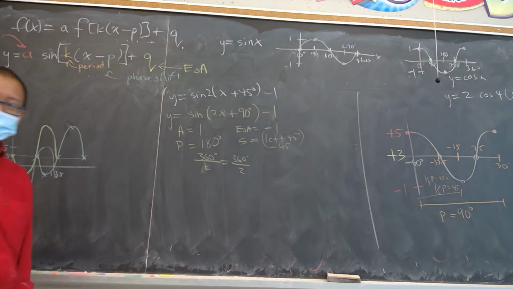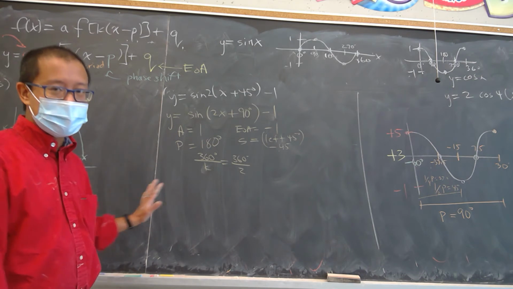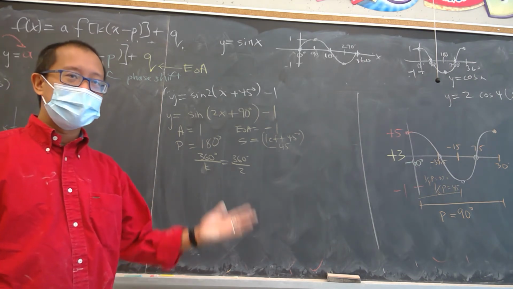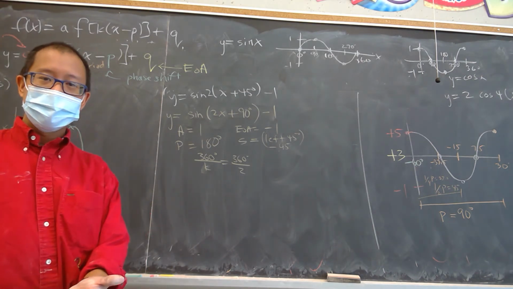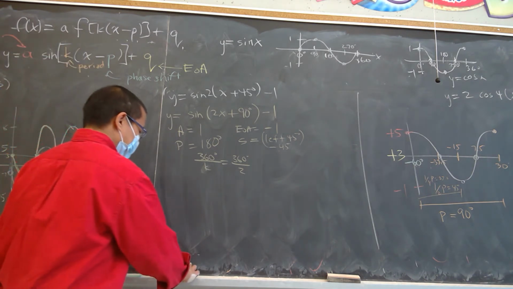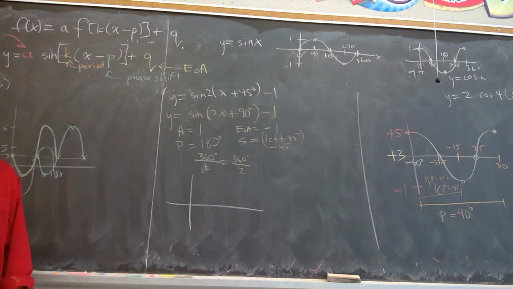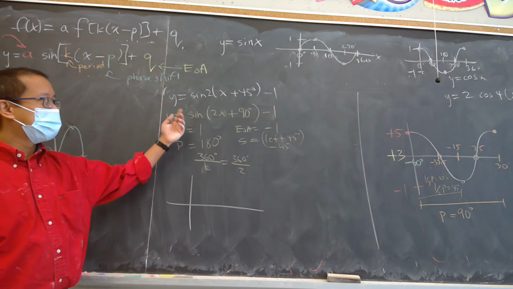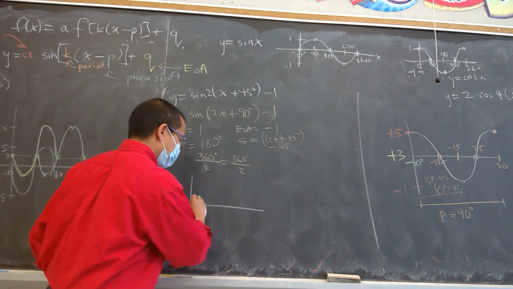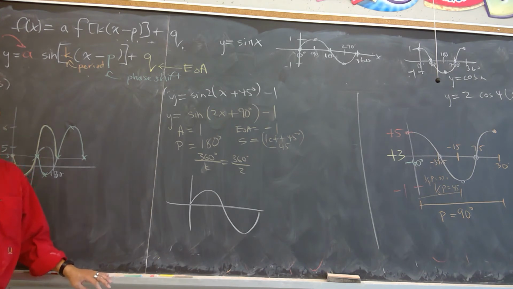And again, if you want to pause the video, feel free to do either the stepwise transformations, or the fast way. But I'm going to show you again how to do the fast way for this question. Here's the fast way. I draw a skeleton of our graph or function. This is not cosine, it's sine. So I'm going to just draw a skeleton that looks like this, without any markings on the x and y axes.